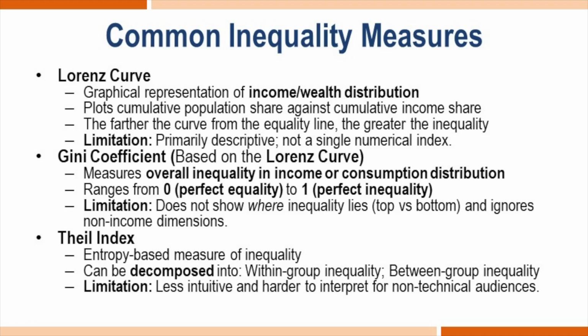For instance, we can use the Lorenz curve, the Gini coefficient, or Atkinson's or Theil index as the case may be. So all the inequality measures can be applied to measure gender inequality in different values and different indicators.